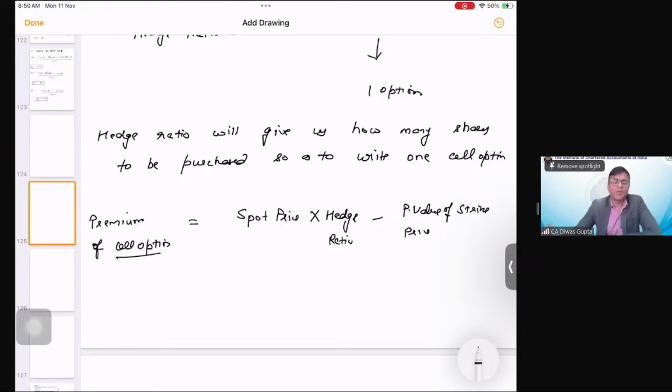Now, students, please note that this call option will only be exercised if on expiry the spot price will be higher than the strike price. Then only the premium will be calculated, right? So, standing as on today, we need to know what is the probability that the spot price on expiry will be higher than the strike price of the option.